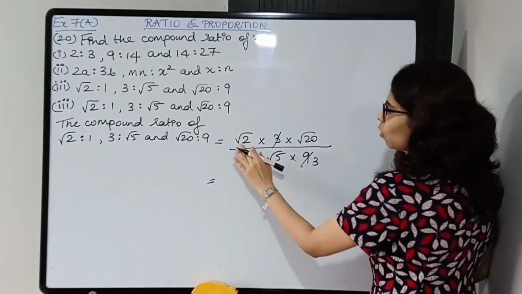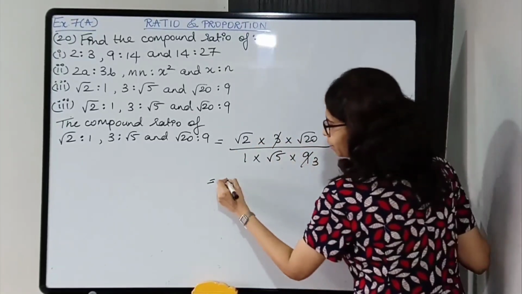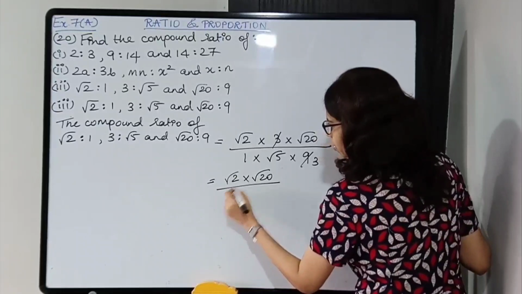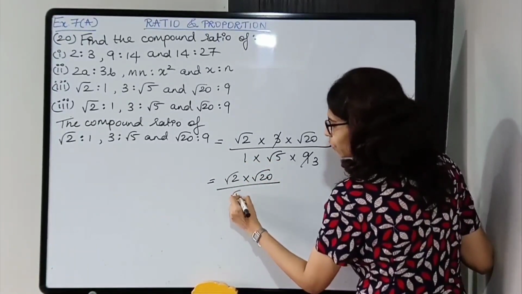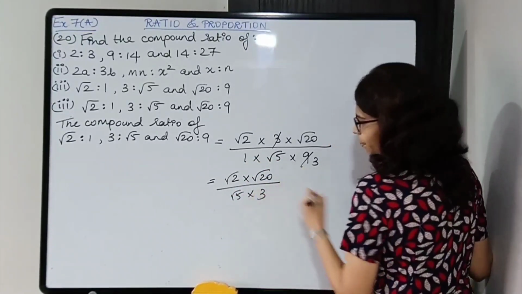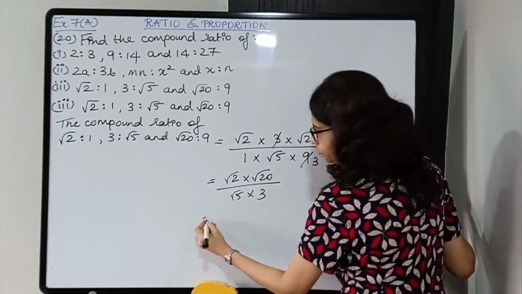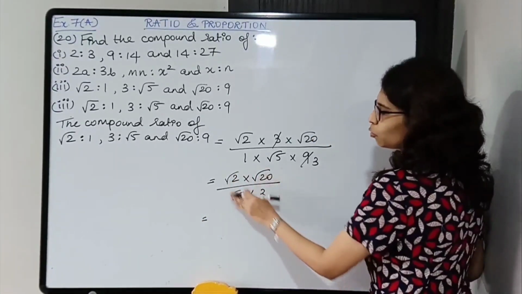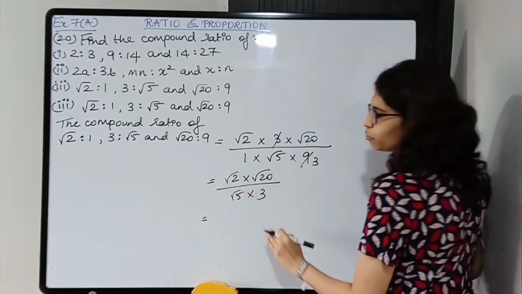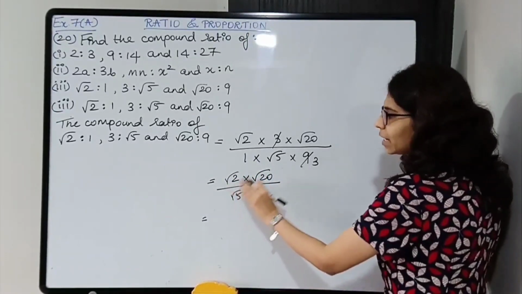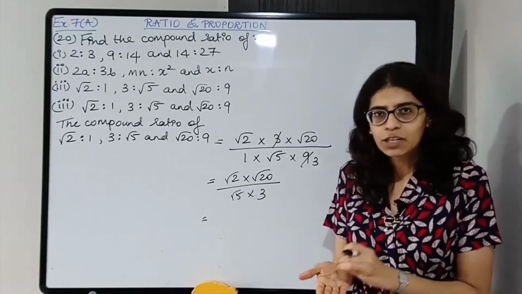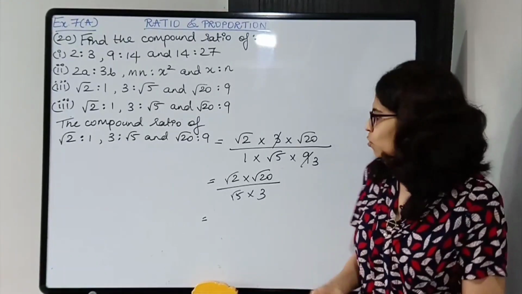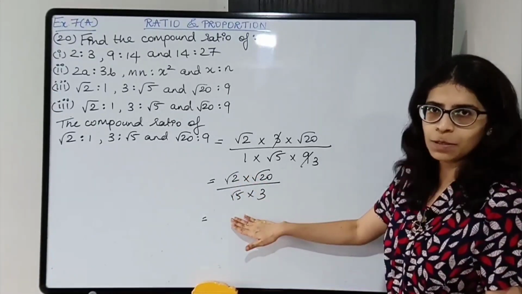So what you are left with, first let's write, root 2 into root 20 upon 1 into root 5 will be root 5 and here 3. Okay, so over here let's shift 3 on one side and take common root for all the root terms. Okay, you can take common root provided there is multiplication and division sign in between, no plus or minus sign. Okay, so here there is no plus or minus sign anywhere.